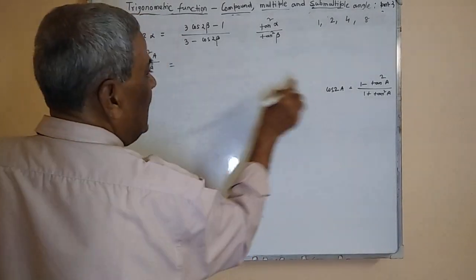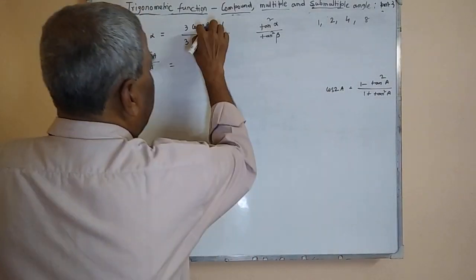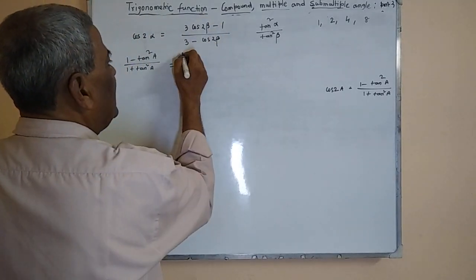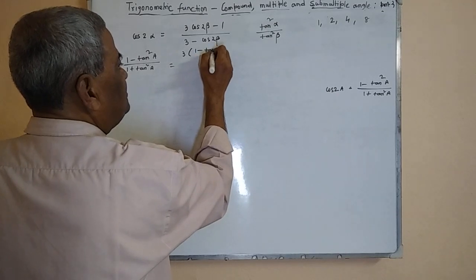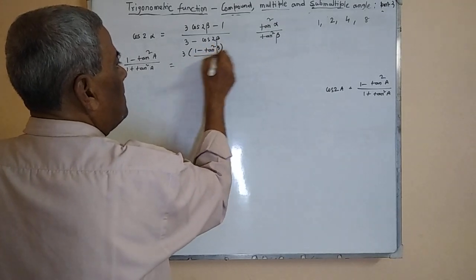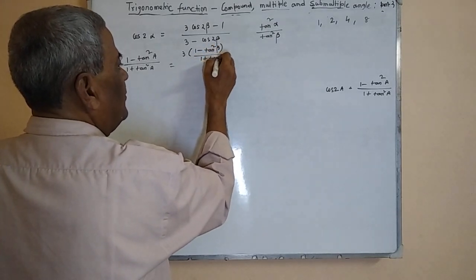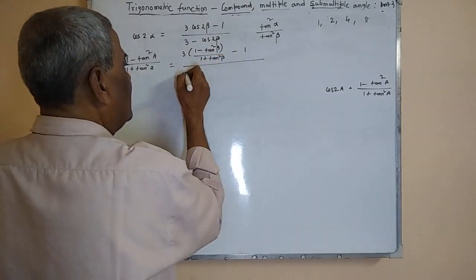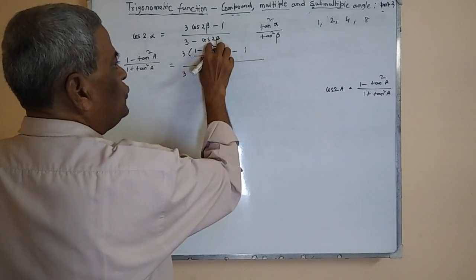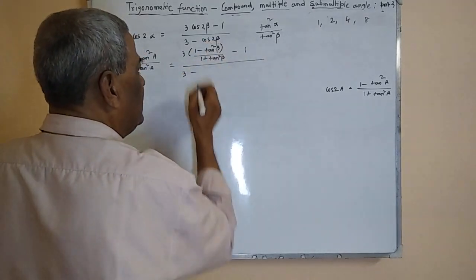We apply the same formula for cos 2 beta. So 3 into 1 minus tan square beta by 1 plus tan square beta, minus 1, by 3 minus cos 2 beta, same formula.